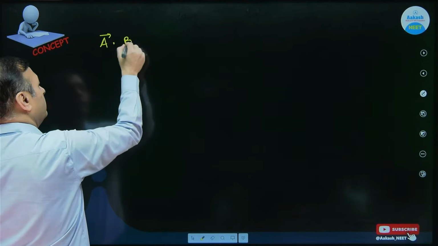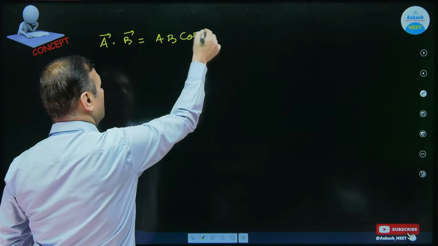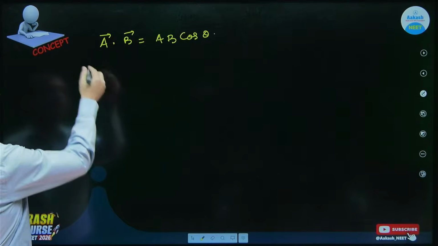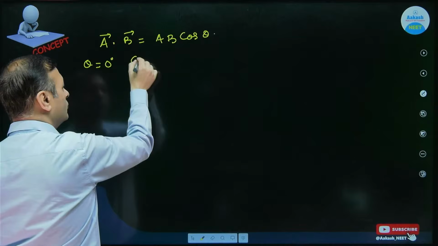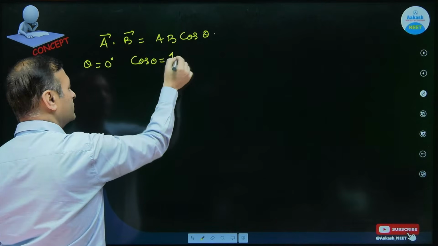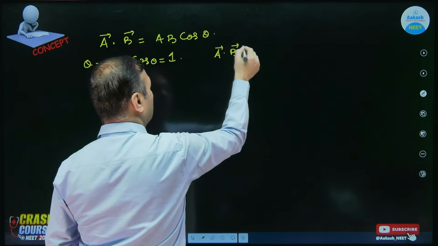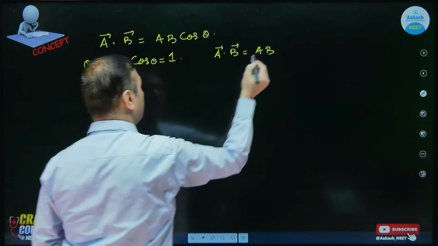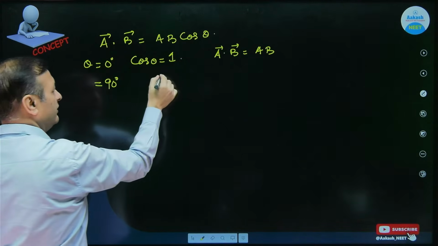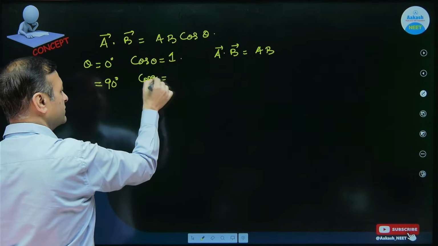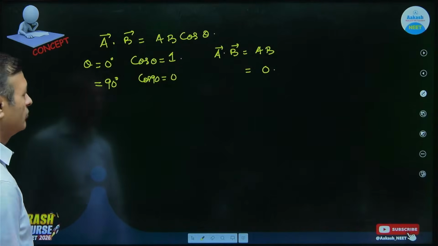So A dot B, we put it as AB cos theta. Now if theta is 0 degree, we know cos 0 is 1, so this A dot B becomes AB only, and when theta is 90 degree, cos 90 is 0, so your dot product would be 0.